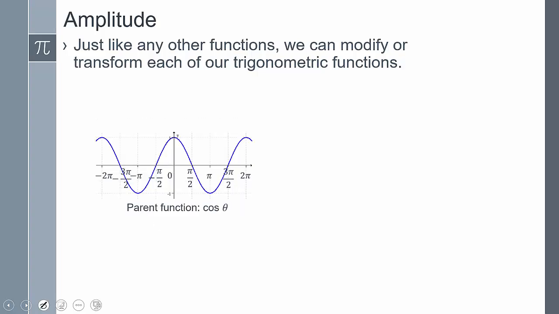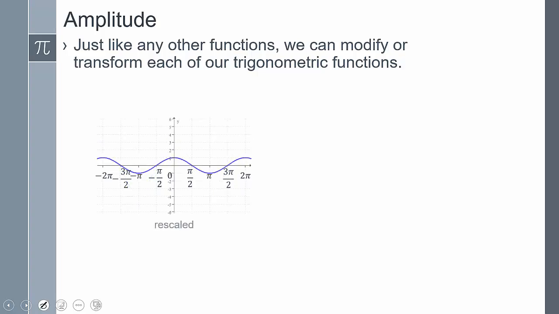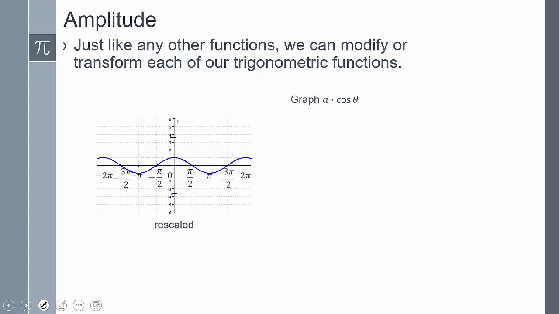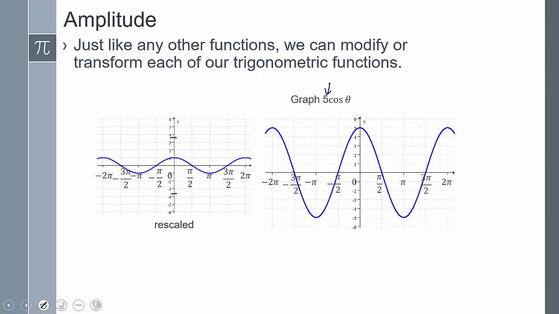So just like with any other function, we can actually modify and transform our trig functions with something called an amplitude. So I'm just going to rescale it, okay? Because if you look at it, it's at 1 and at -1, all I did was just rescale it. Now, if I multiply my function by a number, let's just say this number is a, what it actually does is it stretches my function vertically.